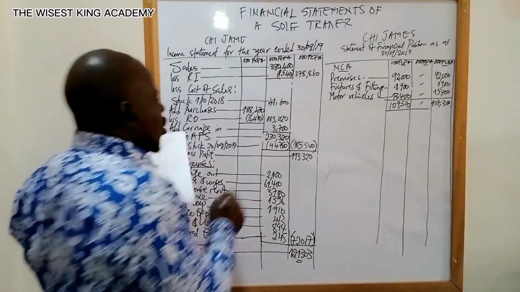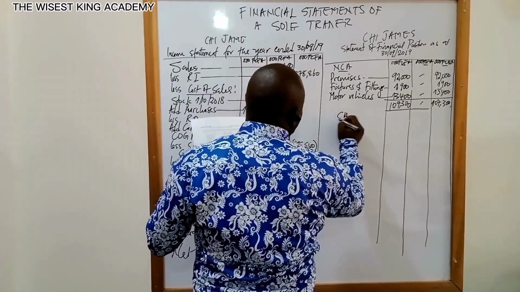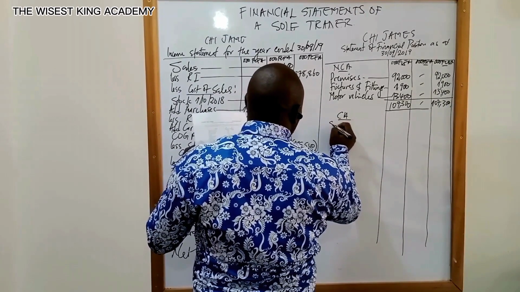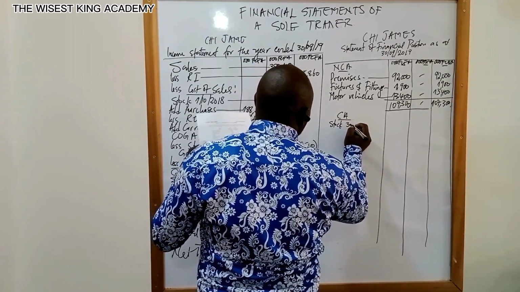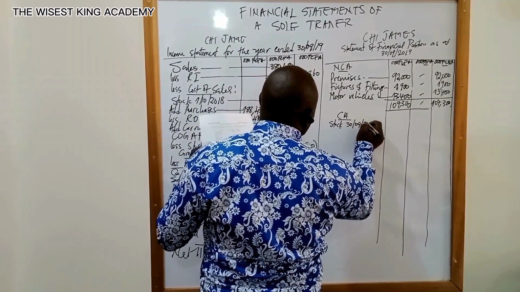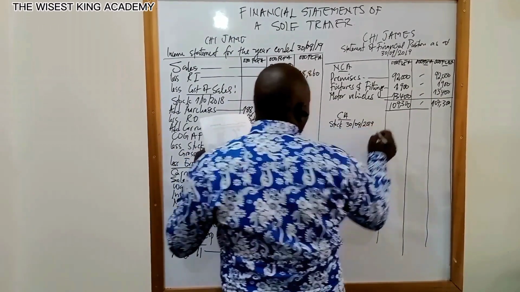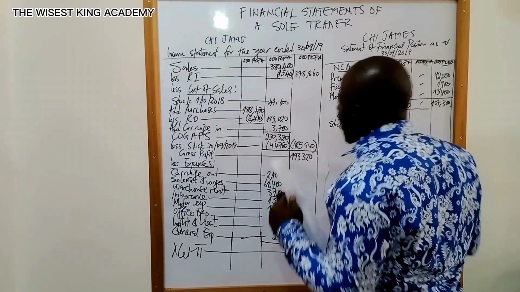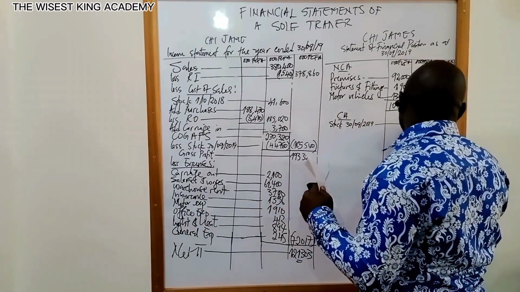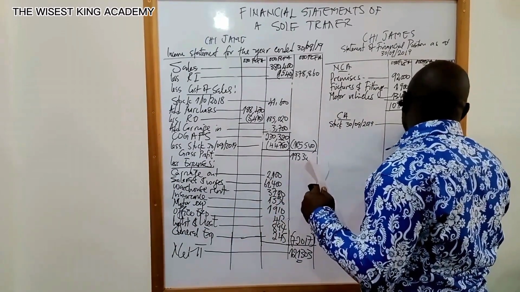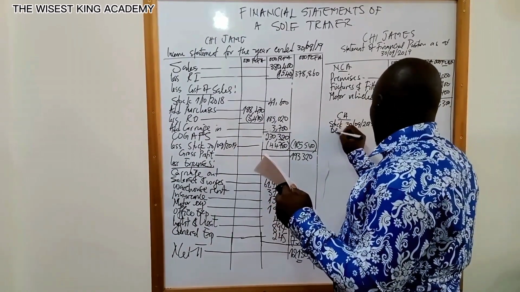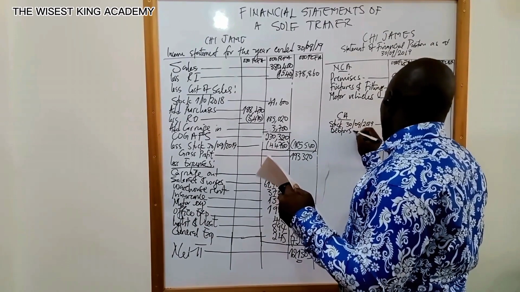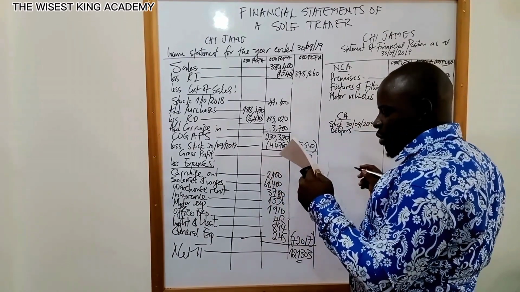So we go straight to current assets. Now we have stock, and the stock that is used here is the closing stock, as at 30th of 09/2019, which is 44,780. We take debtors, also called accounts or trade receivables.